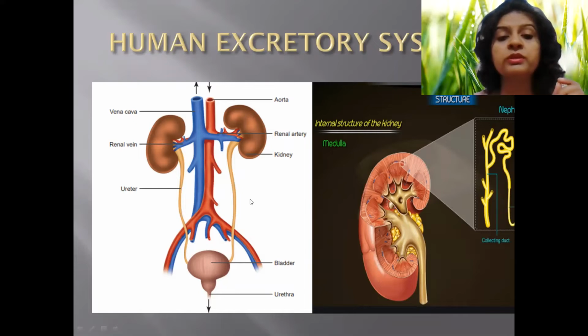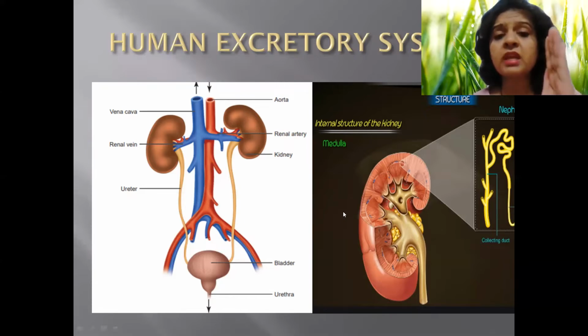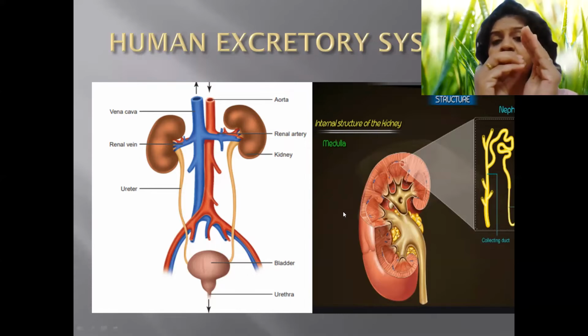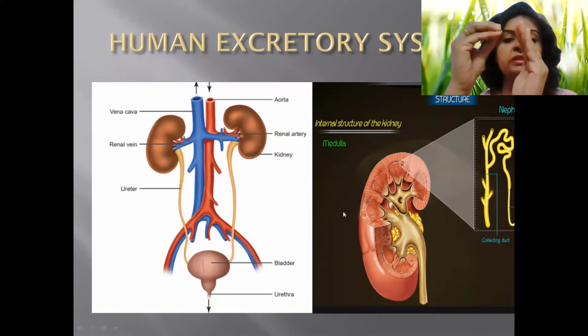So in this excretory system, the kidneys, as you can see here, have triangular shaped structures, and these triangular shaped structures are known as the medulla. If I consider this hand as a kidney, now you can see the space between this hand and the triangle is a 3D space over here.